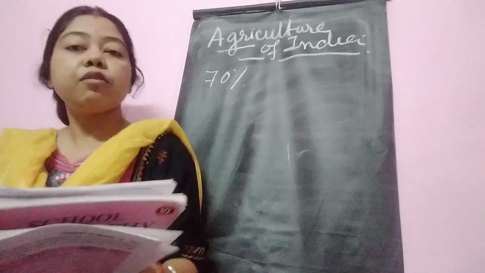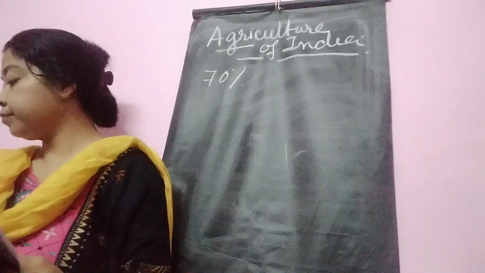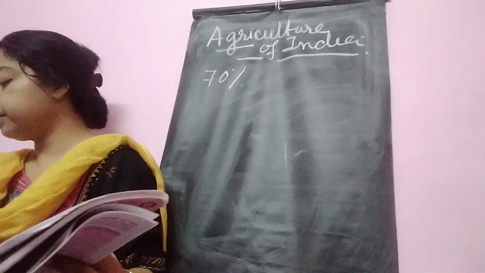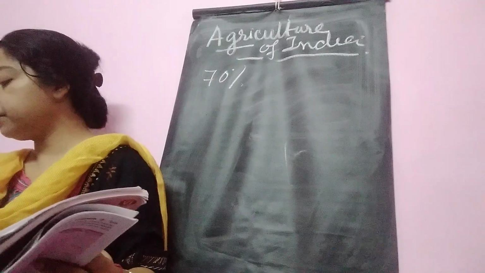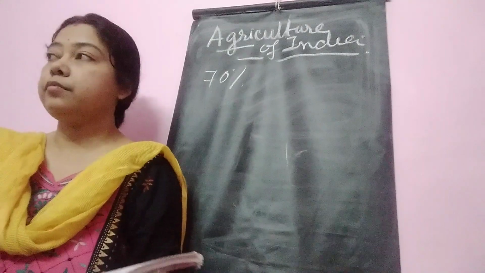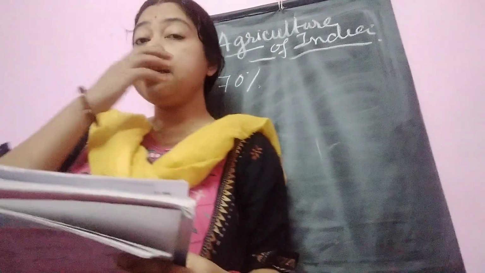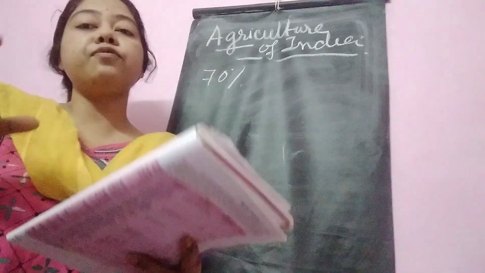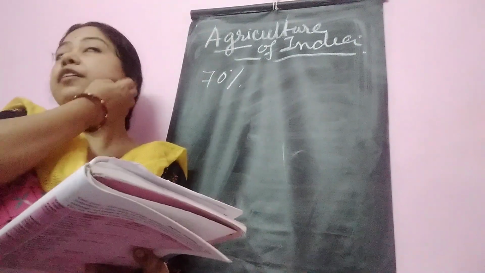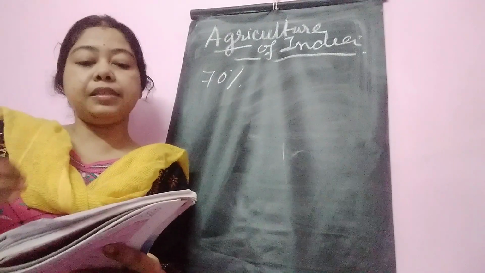Now we are going to the next part, that is green revolution. Listen, agriculture is a very short chapter but a very important part, and we have to go through this part properly, step by step.